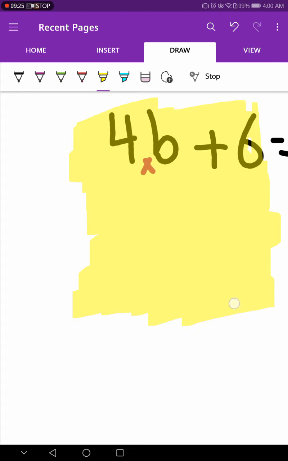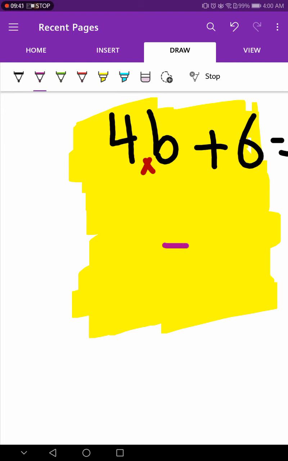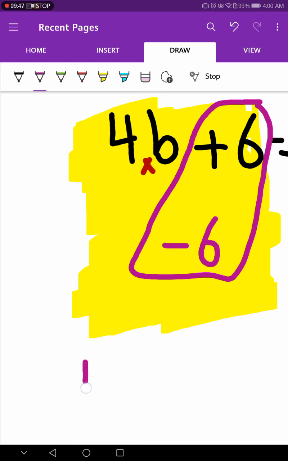So to solve this equation, we have to begin with the plus, or addition sign. The opposite of the plus is negative. Negative what? -6. So from this step, I eliminate this and let the 4b come down.